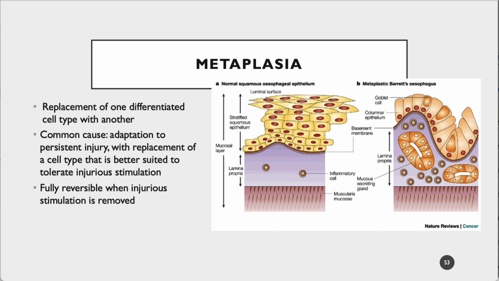And the goblet cells replace this tissue because they secrete mucus that protects the cell lining of the esophagus. The problem is that the process doesn't stop there, and there's more cellular change coming because this is a precancerous state. And that's a metaplastic condition, metaplasia.